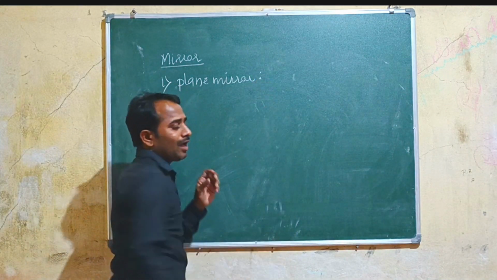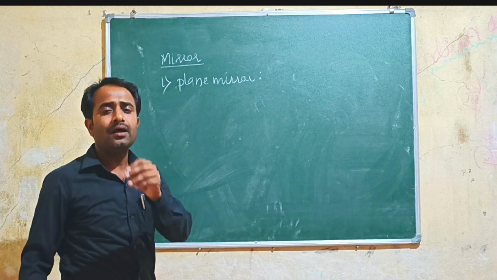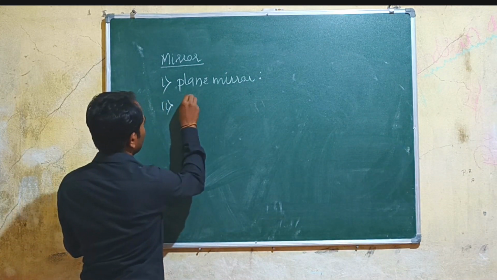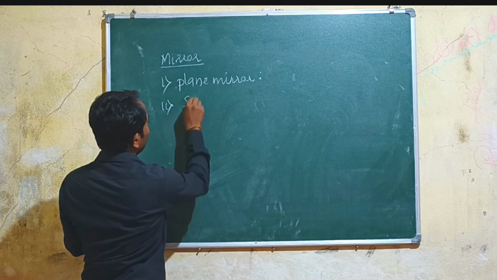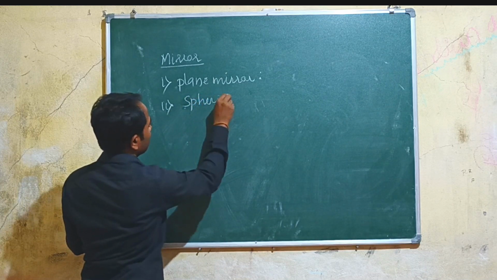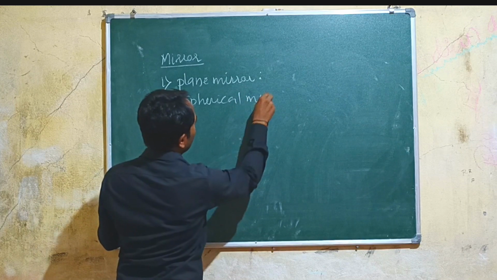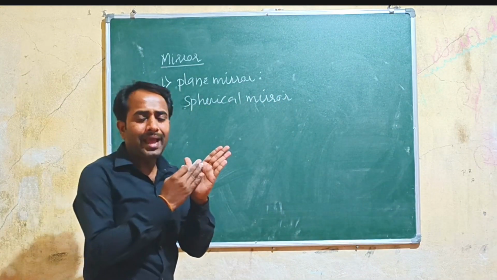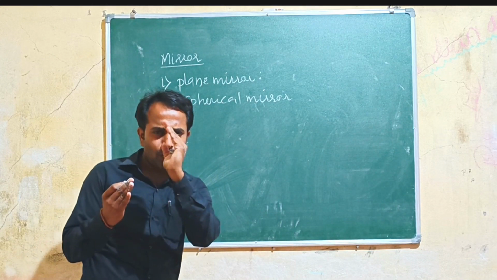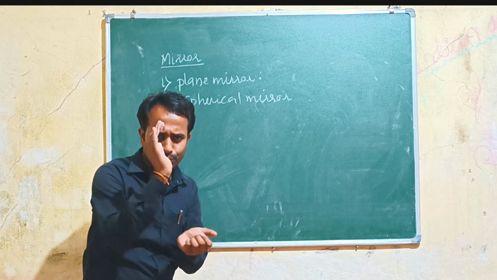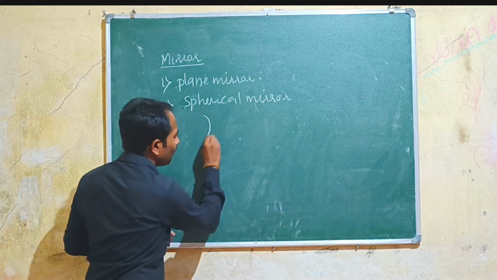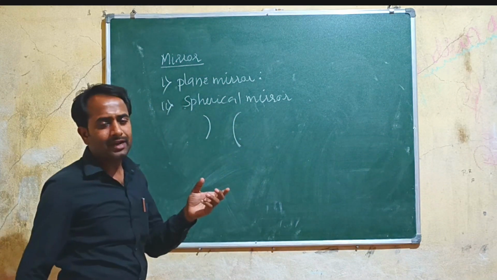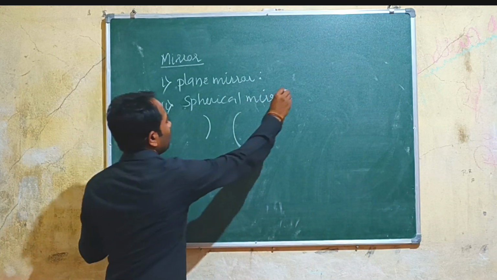Plane mirrors are used in your home and in barber shops. The next mirror is the spherical mirror. If the mirror's reflecting surface is curved inwards or curved outwards, such mirrors are called spherical mirrors.